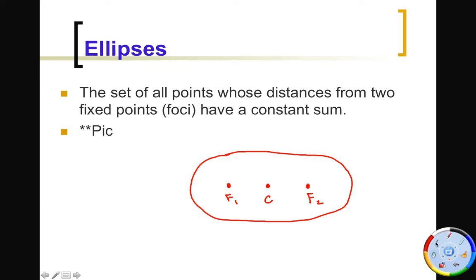And this is the distance from F1 to some point on the line, and that point right there, let's call that M. If I was to say that F1 to M was 6 and this was 5, the sum of those two distances is 11. And so the set of all points whose distances from two fixed points have a constant sum.